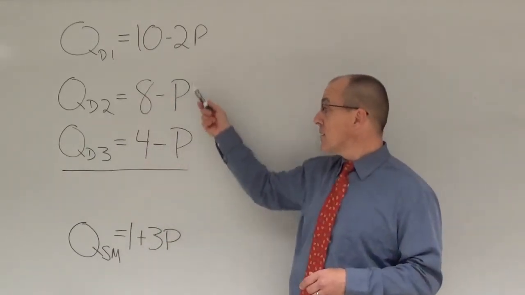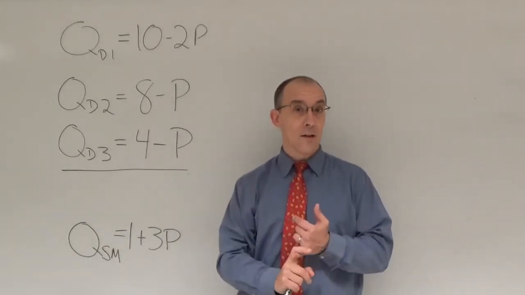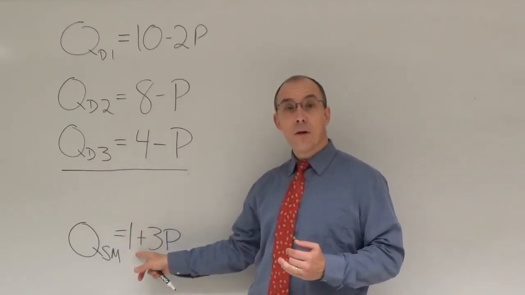As you can see, the demand curves are different. This reflects that our individuals have different incomes and different preferences in what they consume. We also have a supply curve.